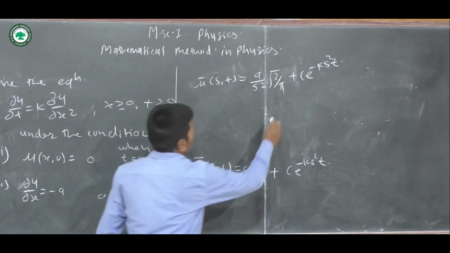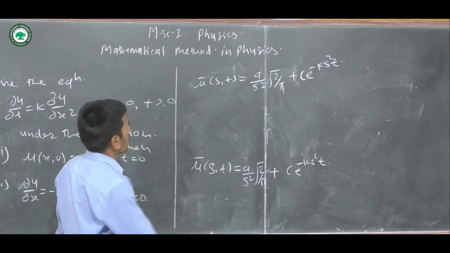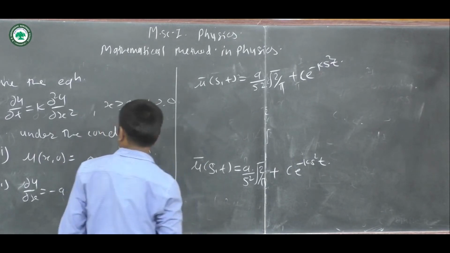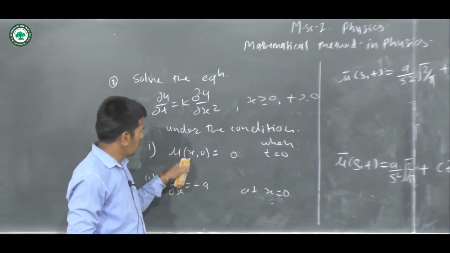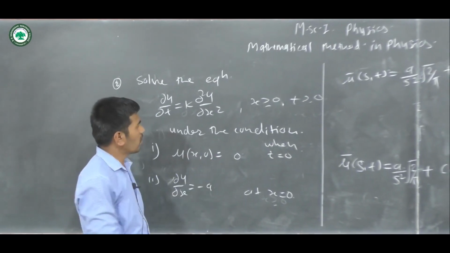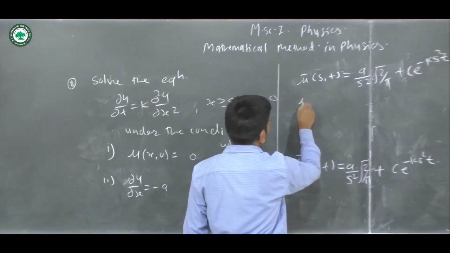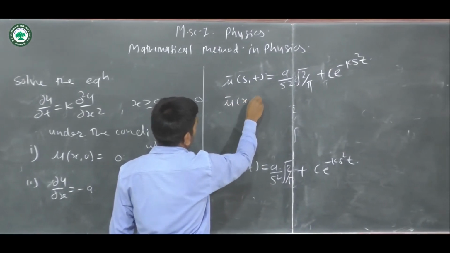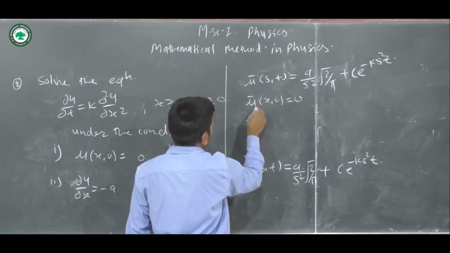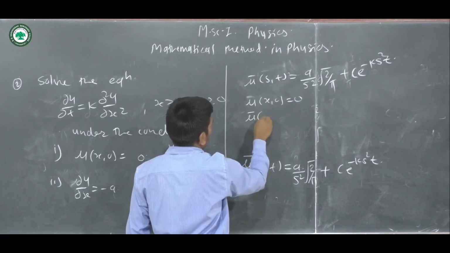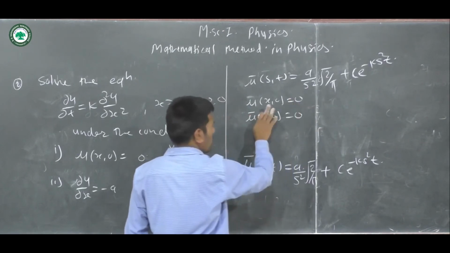Okay, so here this c, the constant, first we have to find out. So apply the initial condition, that is u is given equal to 0 at t is equal to 0. If I put u is 0 at t is equal to 0, then u bar is also 0 at t is equal to 0.